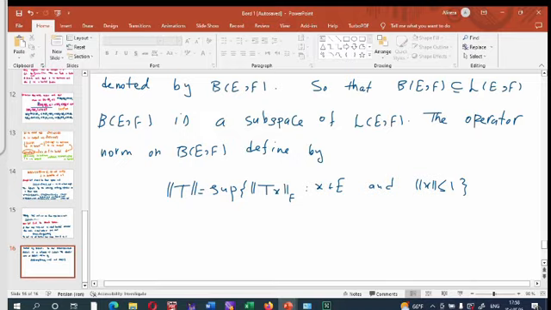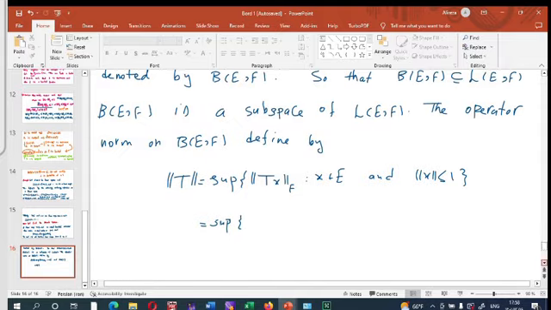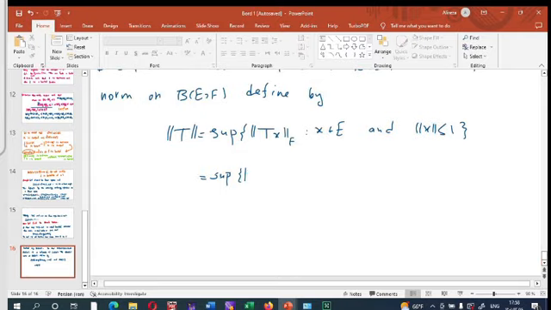And also this is equal to the supremum of these norms such that x belongs to E and the norm of x equals 1.